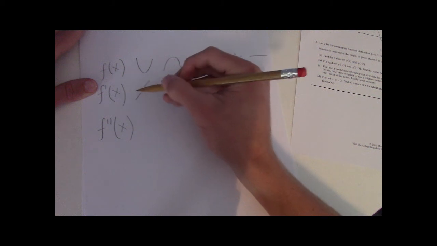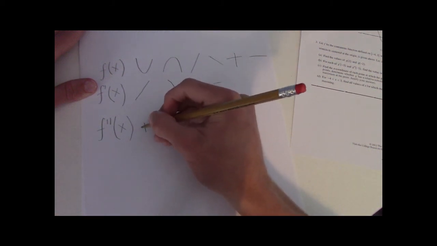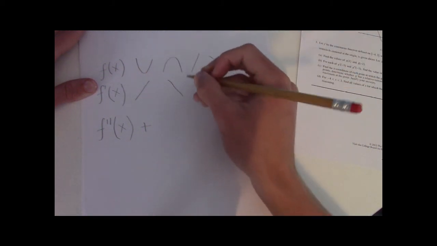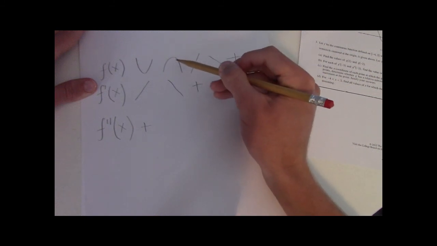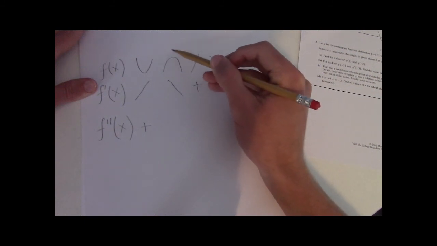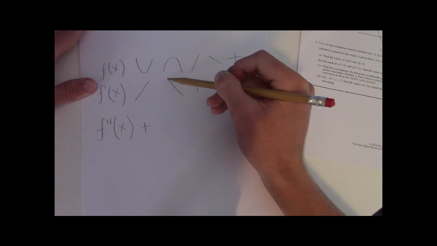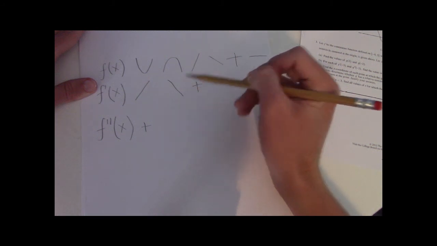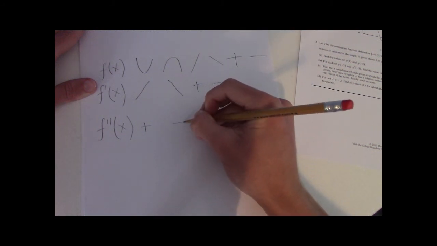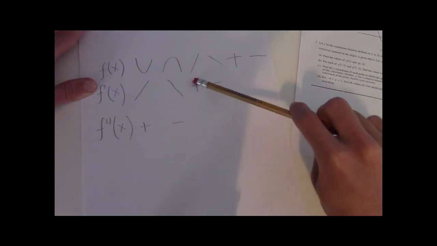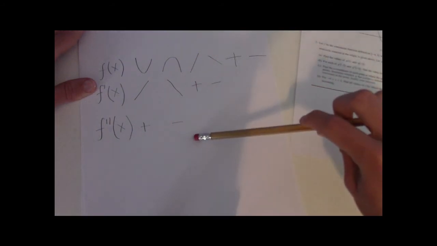So the derivative of f prime is going to be positive when f prime is increasing, and then when f is concave down, first derivative decreasing, second derivative negative. And again, you can't really tell anything from the positive or negative.